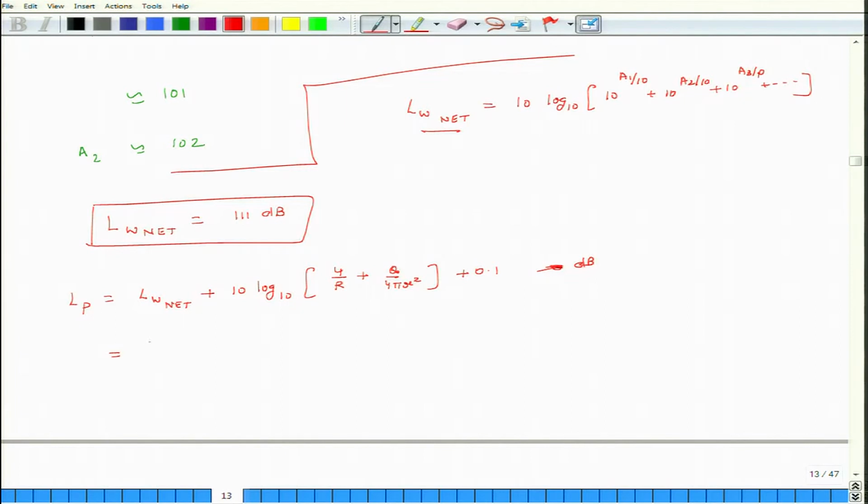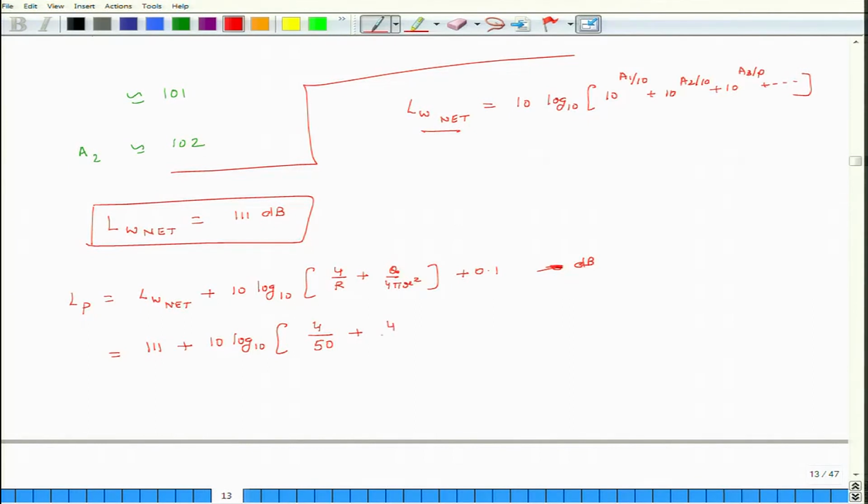So, I substitute everything. I put 111 here plus 10 log 10, and what is 4 over R? 4 over 50, the room constant is 50 meters square, plus Q by 4 pi r square. What is directivity? This directivity is the same for motor and pump.